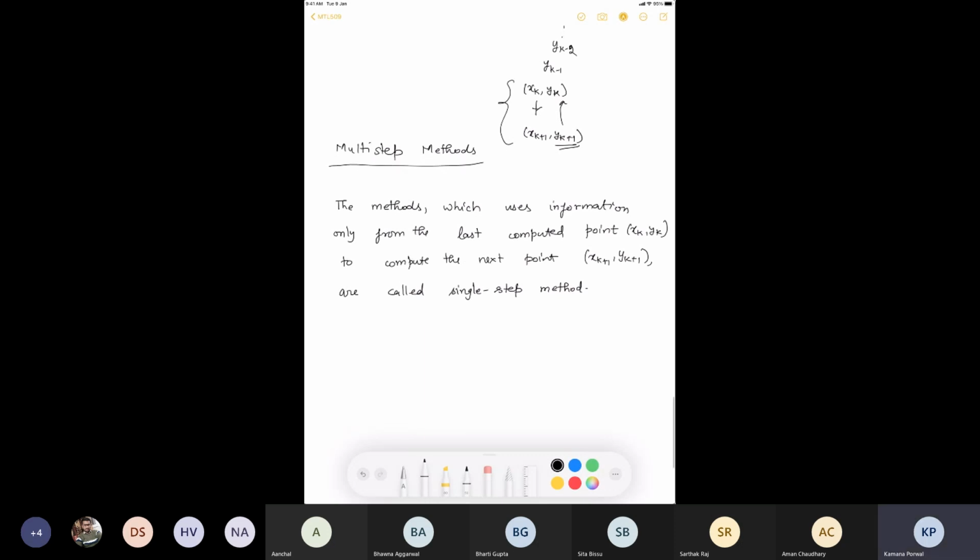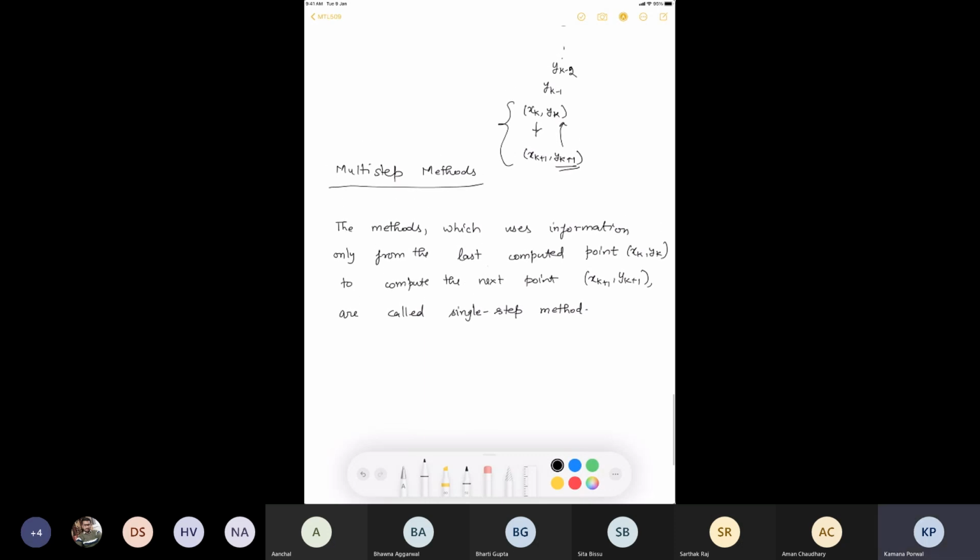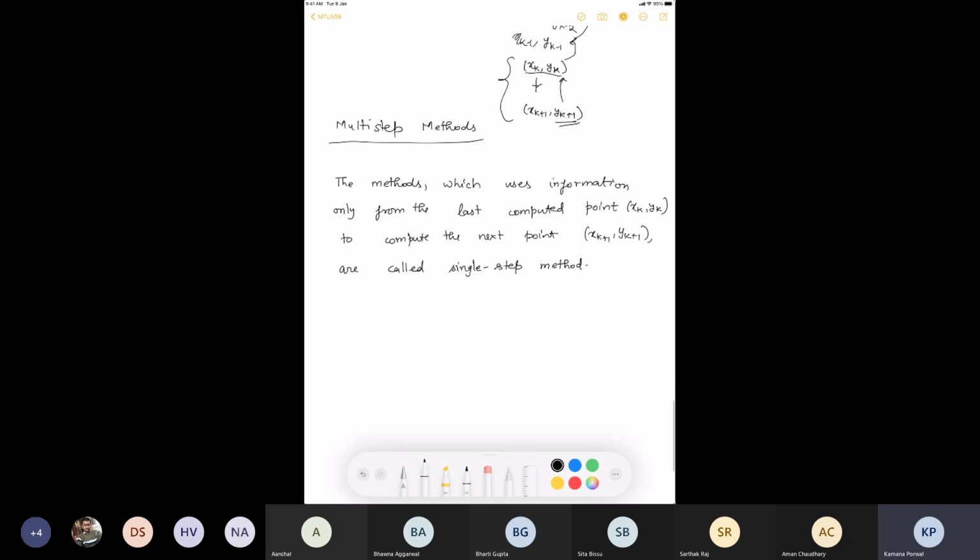So the methods which are going to use more than one step, that is, you're not just using the information at xk, yk, you are going to use the information at xk minus 1, yk minus 1, and the previous steps, like that. We are going to call these multi-step, with the obvious reason that we are using the information from multiple steps.